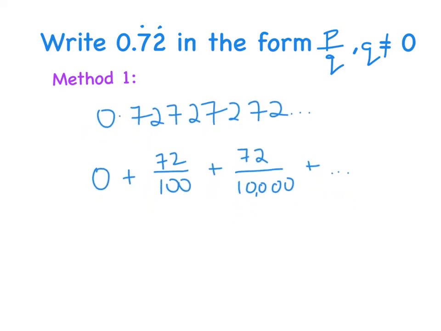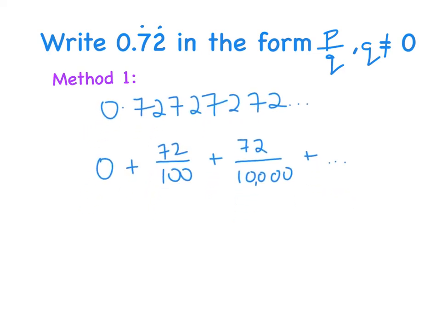So I start off with A equal to 72 over 100, and what's my ratio this time? It's going to be 1 over 100. Why? I've gone out 2 more decimal places.